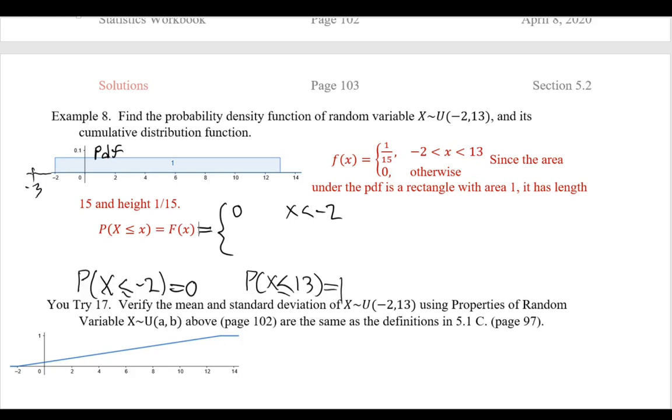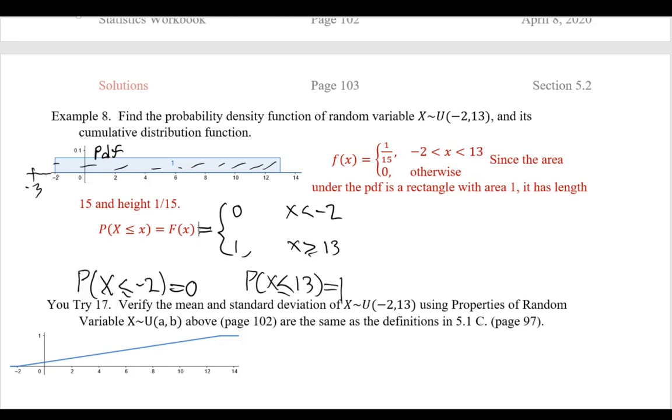So for instance, -3, the area to the left of it is still 0. And once we reach 13, all the area to the left is 1. So when x is any value that's 13 or larger, the probability that x will be 13 or smaller is a sure thing.